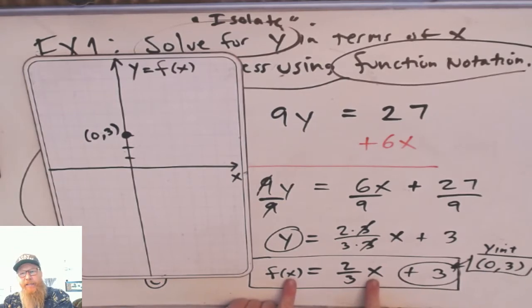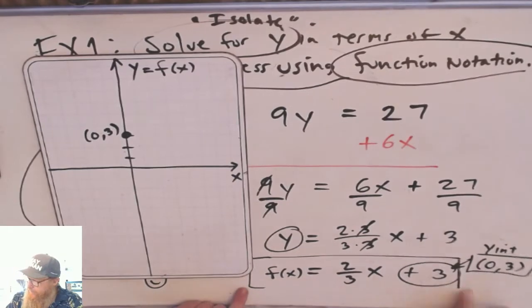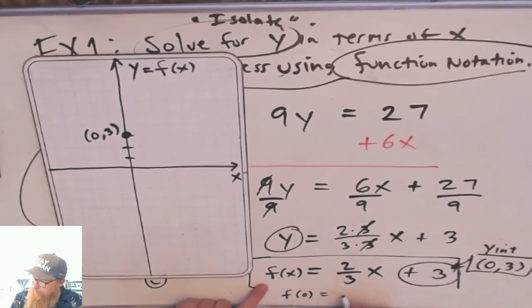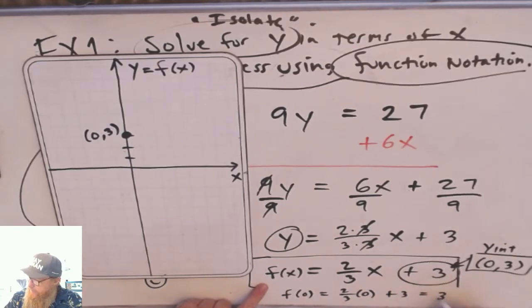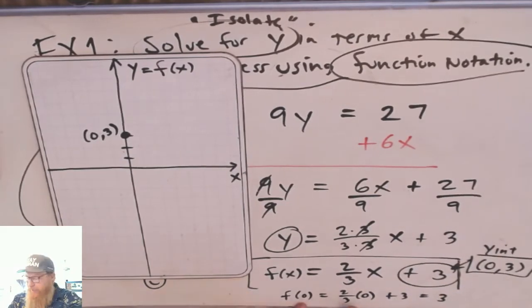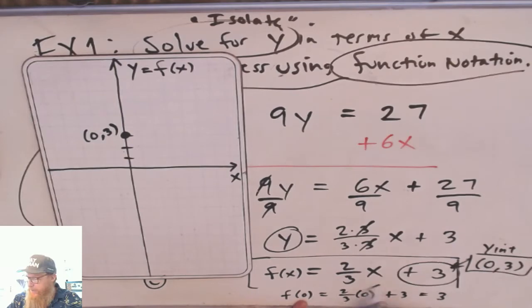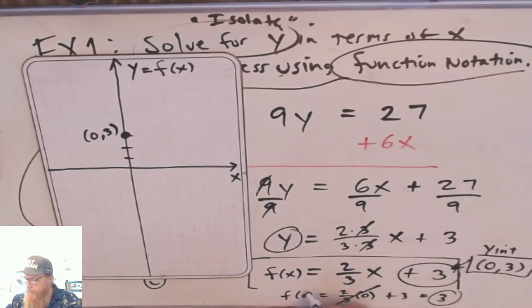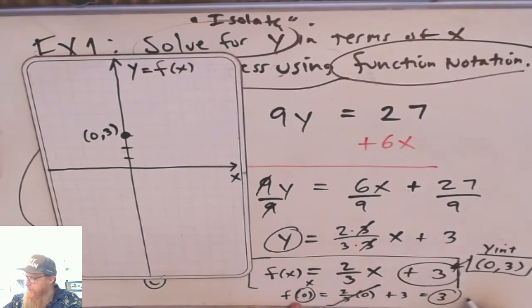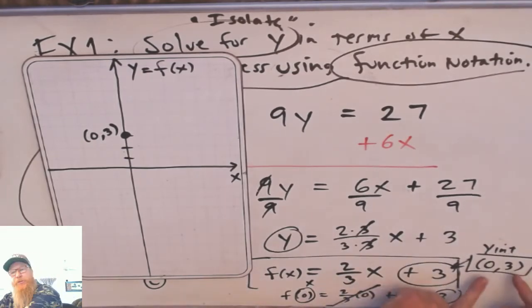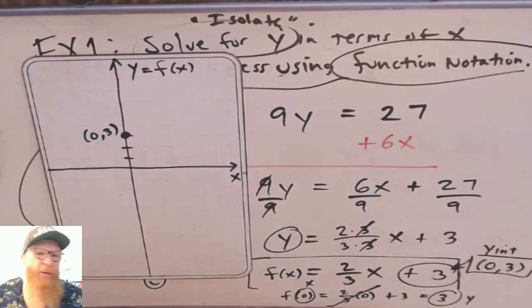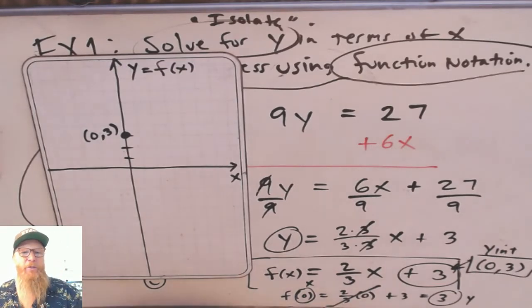You probably already did in your last algebra class, but if not, you can kind of see why. If you plug in 0 for x, you get 2/3 times 0, that's gone, and then you get plus 3, so you end up with the point x equals 0 and y equals 3. And so I'm writing it as (0, 3). I don't ever have to say that again. I might as well get us off to a good start.